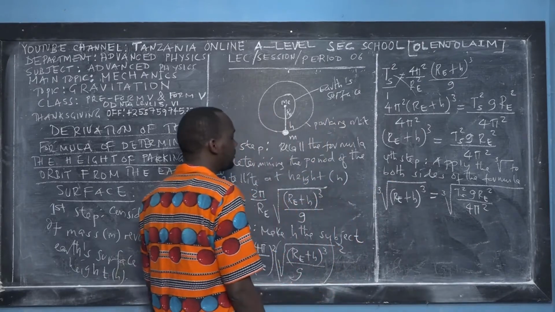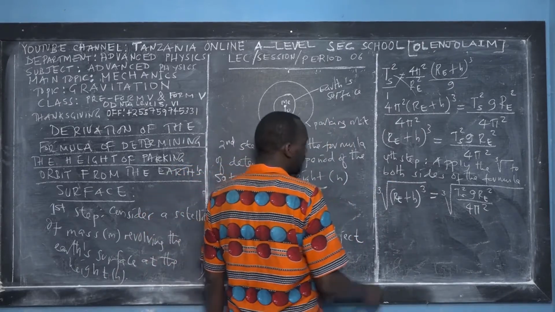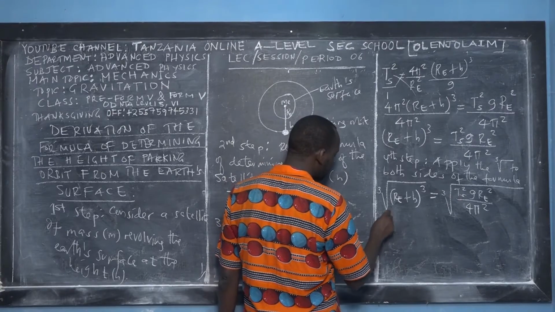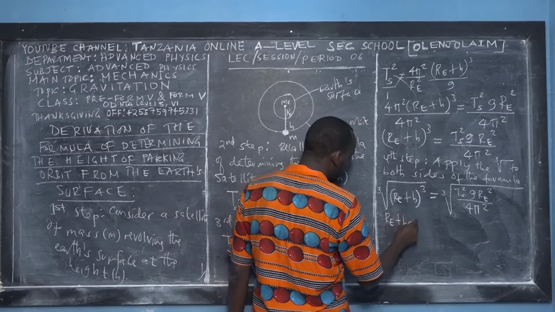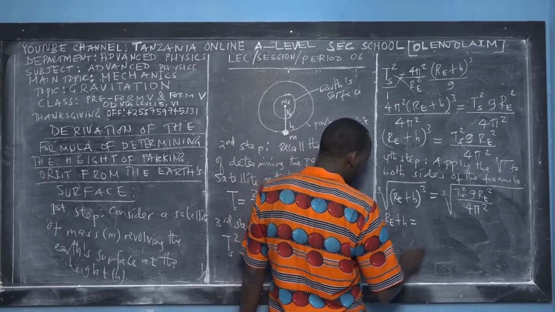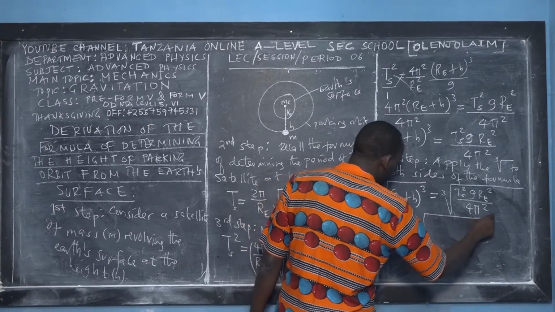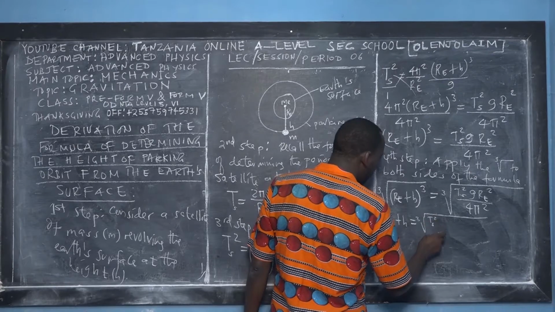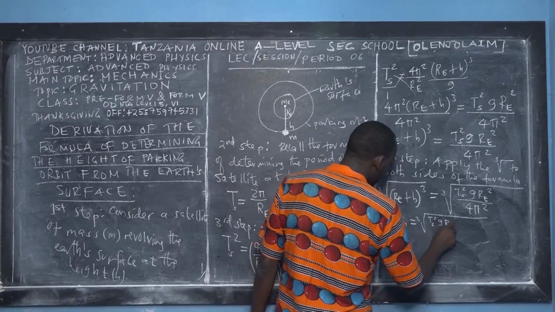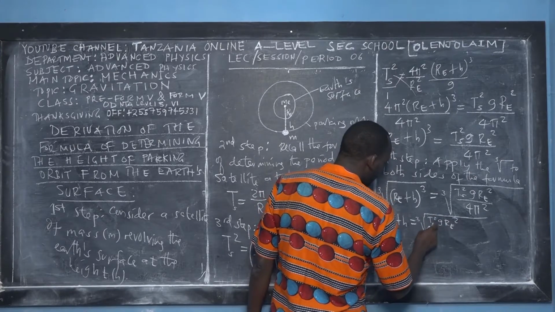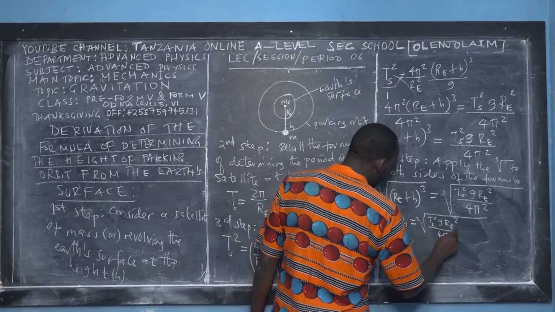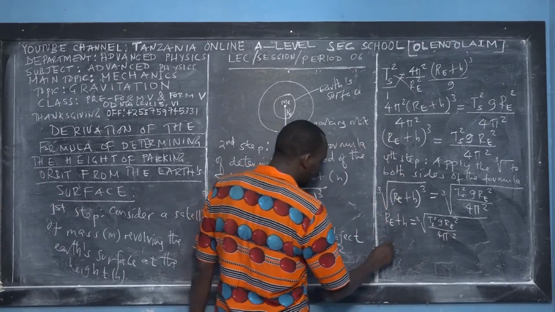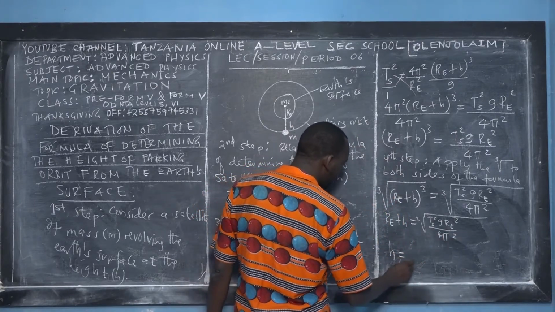So if that's the case, we have the radius of the Earth plus H equal to the cube root of the square of the period of the satellite, acceleration due to gravity, radius of the Earth squared, divided by 4 pi squared. So now let us make H the subject.